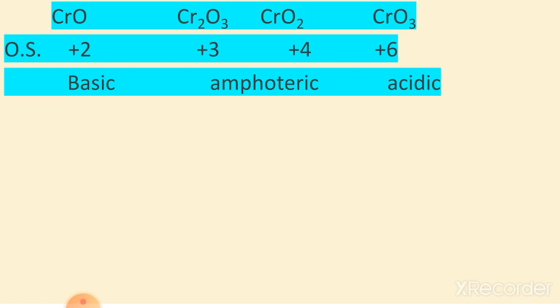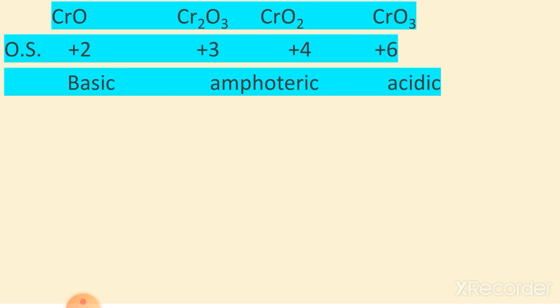Again the same thing applies here. According to Fajan's rule, the more the charge, that is the more the oxidation number, the more will be the covalent character, and the more will be the acidic property. So that's why the acidic nature increases from +2 to +6 and basic nature decreases. Similarly, the covalent character increases from +2 to +6 and ionic character decreases from +2 to +6.